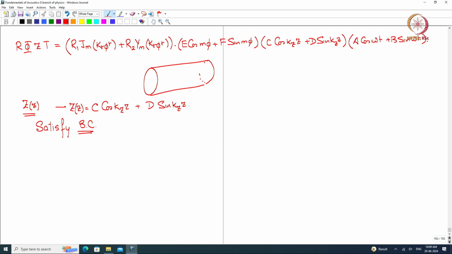So if it is rigid walled, then Z dash of z, the derivative of capital Z with respect to small z, is 0 for z equal to 0 and z equal to L. Okay, just to remind you, the equation was d2Z by dz square, this is capital Z, plus kz square Z equal to 0. It's exactly a Sturm-Liouville problem, for those who are interested.